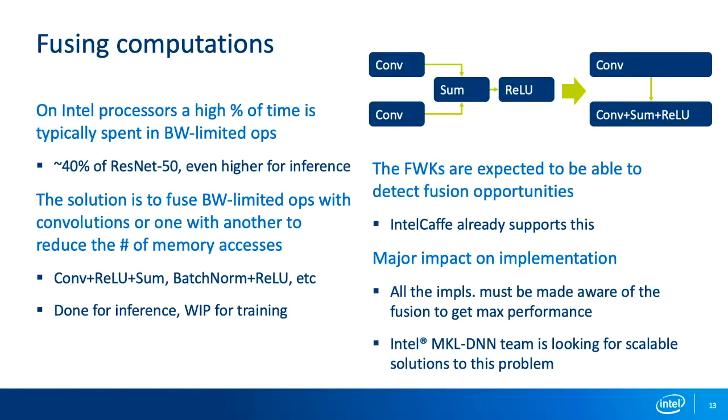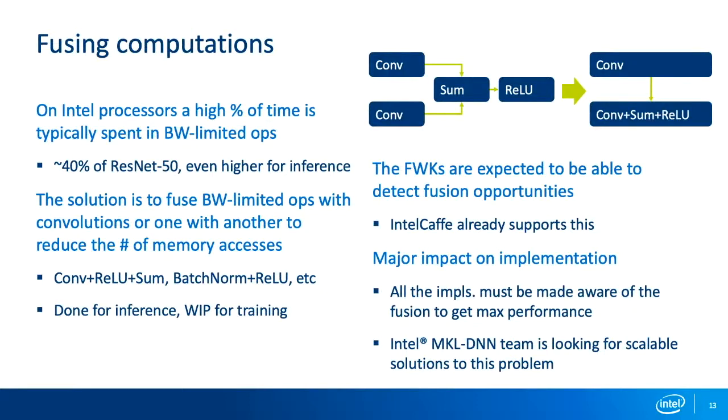We have a fused version of the primitive that has basically one memory pool, and then we run both of the operations. So instead of loading up two primitives, you load up a single one that's a fused version of these common operations. That's what this is showing here. So instead of convolution, sum, ReLU, we just have one fused.